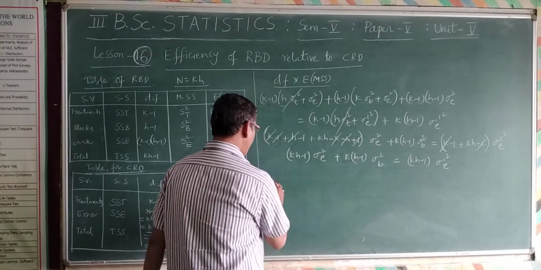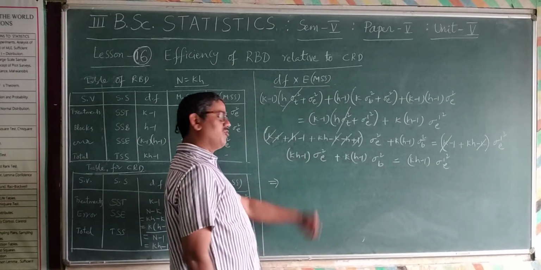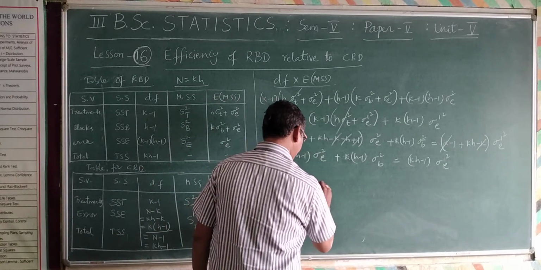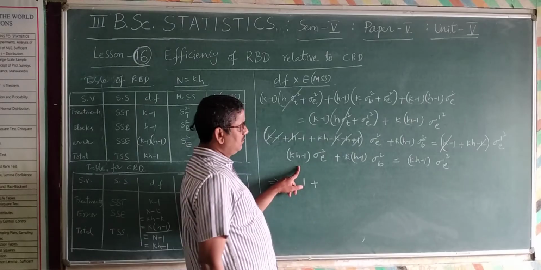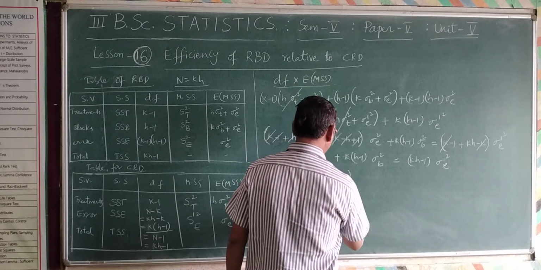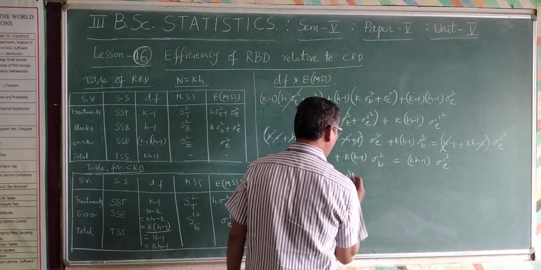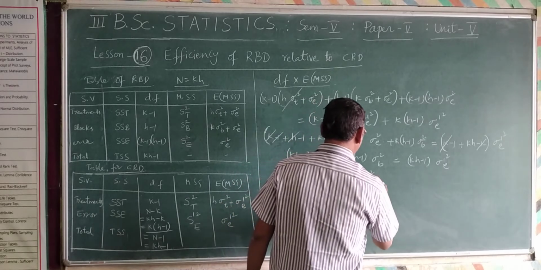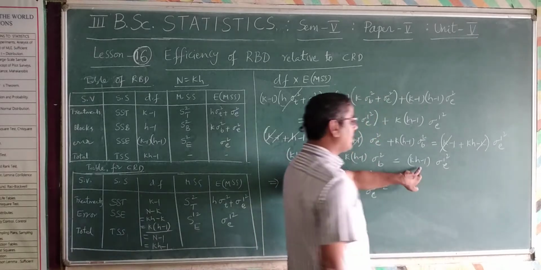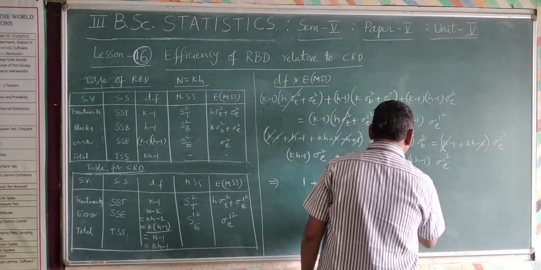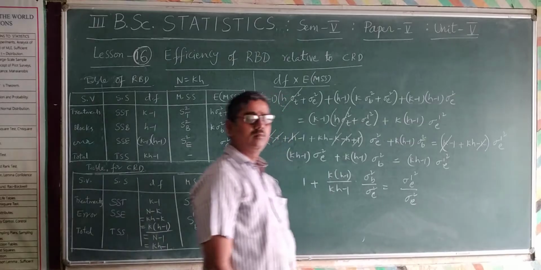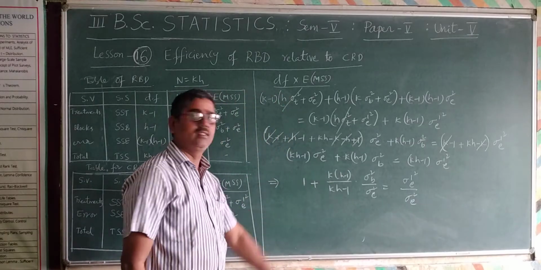By dividing kh minus 1 into sigma square e, you see here, this is equation 1, the entire term will get cancelled, and here k into h minus 1 divided by kh minus 1 multiplied by sigma square b divided by sigma square e is equal to, kh minus 1 will get cancelled, the remaining term is sigma dash square e divided by sigma square e. That is the required efficiency.